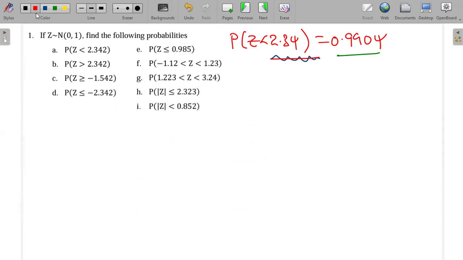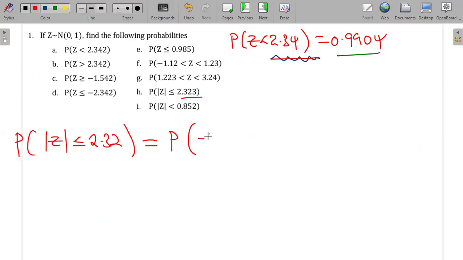So we are going to say the probability that the modulus of z is less than or equal to this number. I'll round it off to 2 decimal places, so it will be 2.32. This is the same as the probability that z is between minus 2.32 and 2.32, less than or equal to 2.32.